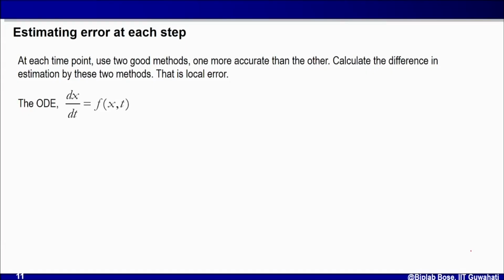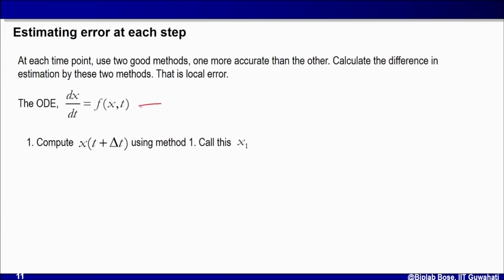So what you do, you calculate the new value of x at the next time point using these two methods and calculate the difference between the results of these two methods. So that difference in result obtained by these two methods is my estimate of error.